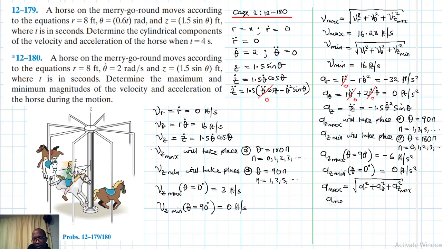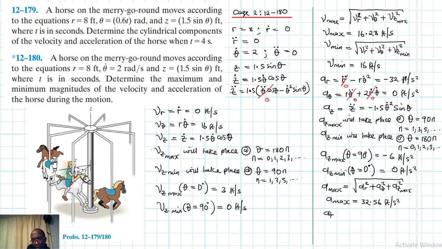Therefore, our A max is just going to be equal to, grab your calculators, let's work it out. So we have AR is 32 squared, the other one is 0, then the other one AZ is 6 squared, right, and square root of that, we have 32.56 feet per second square.